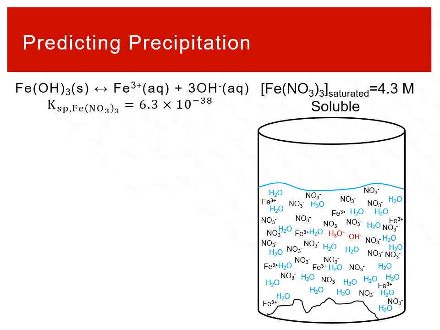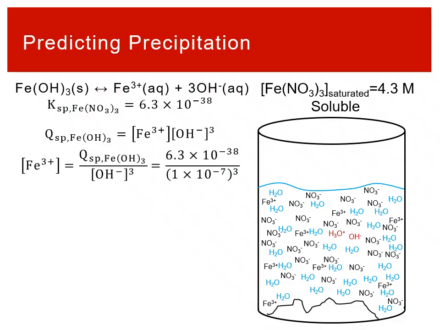So we got our KSP is 6.3 times 10 to the negative 38. We want to figure out, is a precipitate going to form? We know we have pH equals 7, so our concentration of hydroxide is 1 times 10 to the negative 7th. We can plug that value in. And the QSP we set is going to be equal to the KSP. That's where our concentration is determined.